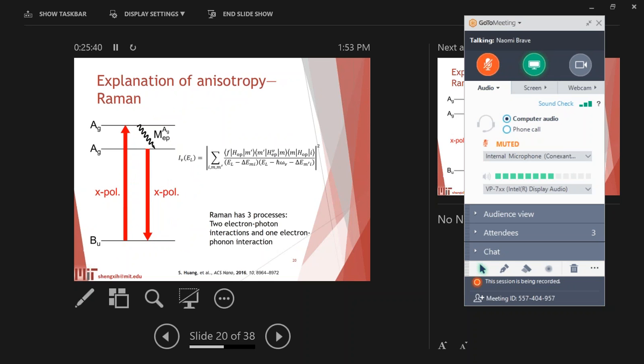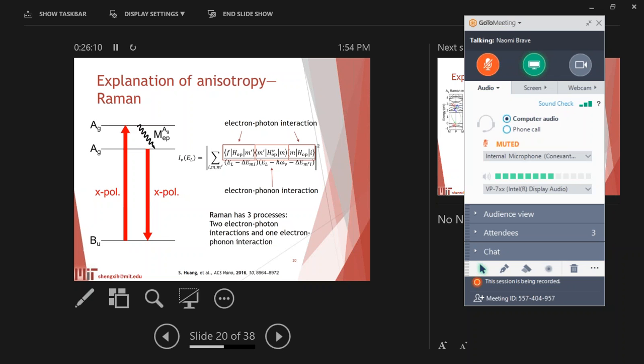And now let's look at Raman. And Raman is more complicated because the Raman process actually has three processes. Two of them are electron-photon interaction, and one of them is electron-phonon interaction. So here's the process. There is an electron in this initial state, and this electron will first absorb the incident photon and be excited to an intermediate state, like here.